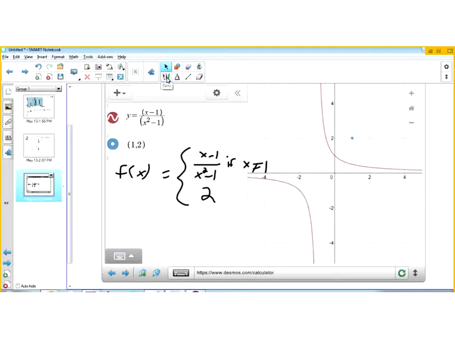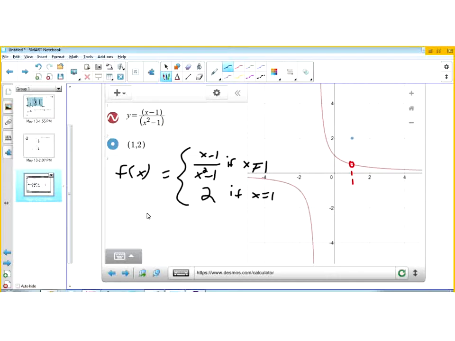Otherwise, it's equal to 2 if x equals 1. So let me go ahead and reinstate the discontinuity, the hole. Okay. So there's the hole, not shown on the computer graph, but we'll show it. But we did nevertheless give the function a value at x equals 1.